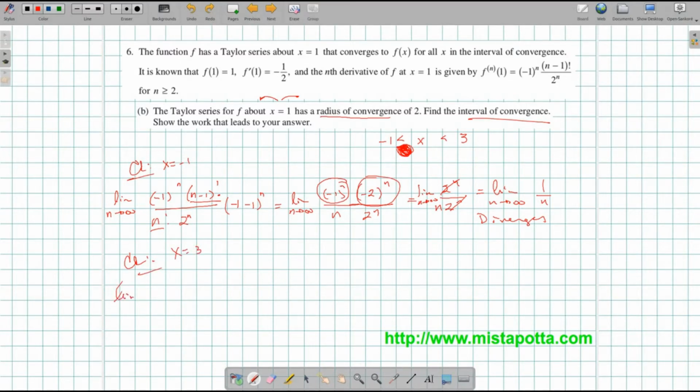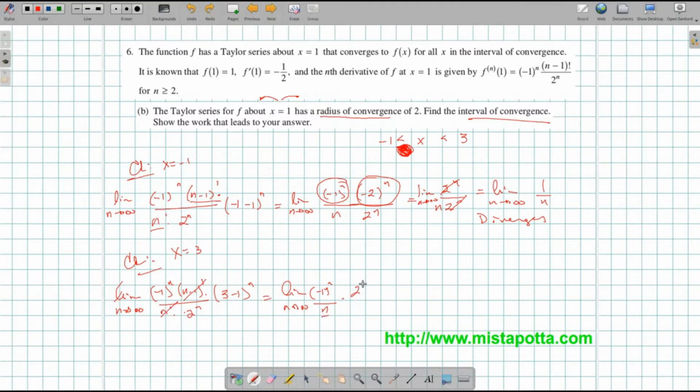So I'm looking for the limit as n increases without bounds of negative 1 to the n minus 1 factorial over n factorial times 2 to the n over, this is going to be 3 minus 1 to the n. So looking at the simplification that we've got, that negative 1 to the n, I've got just an n left because this n minus 1 and n factorial leaves just an n here.